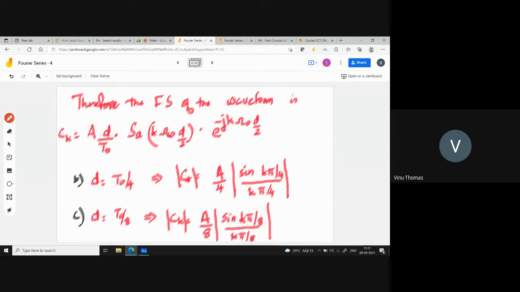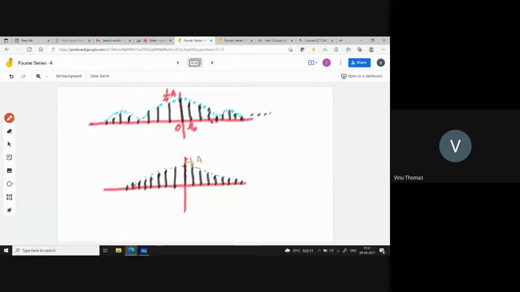This sin omega 0 into d by 2 will become sin k pi by 4 by k pi by 2. For 1 by 8, the magnitude spectrum line becomes A by 8 sin k pi by 8 by k pi by 8. So that is plotted here.